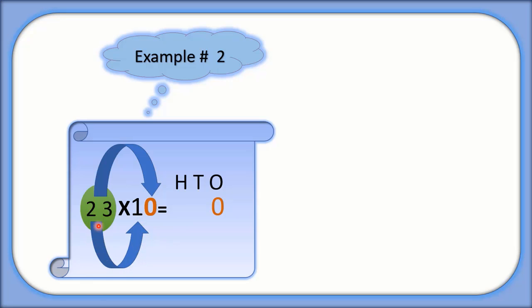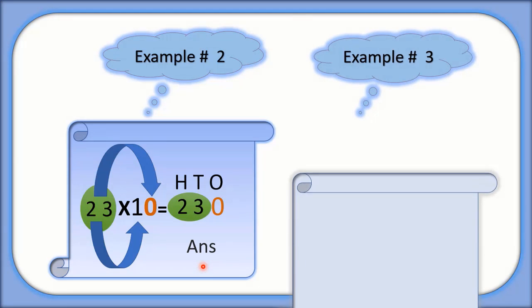And when you multiply 23 by 1, you will get the answer 23 ones are 23. And in 23, you will put 3 at 10's place and 2 at 100's place. And the number becomes 230. So it means that when you multiply 23 by 10, you will get the answer 230.